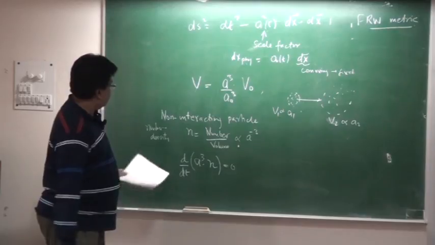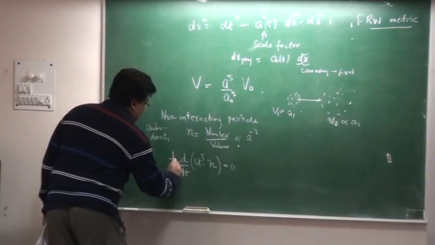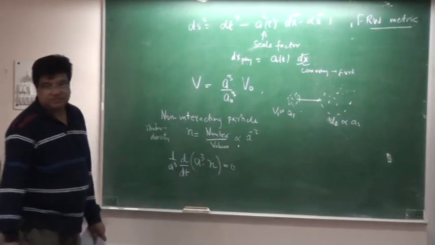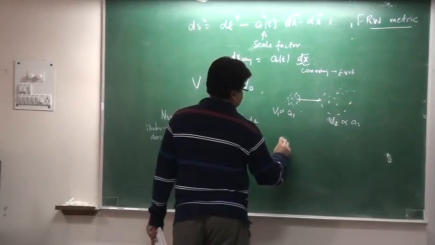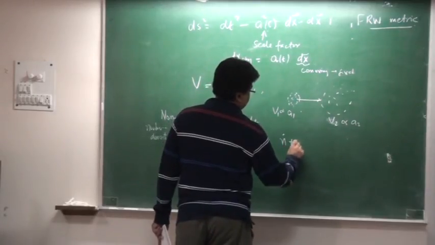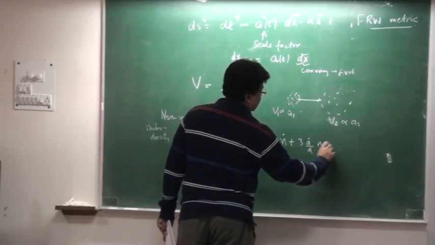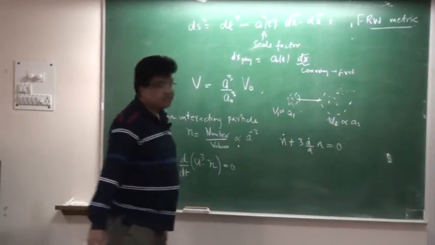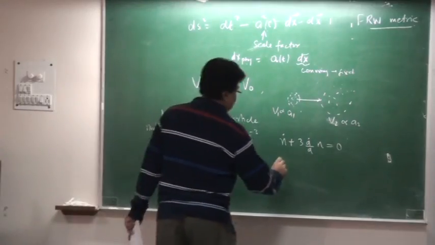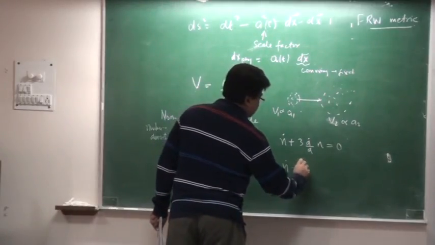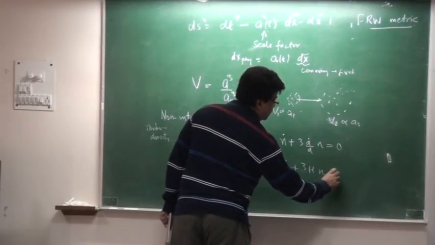Now the same equation you can write as 1 upon a cube times d by dt of a cube n is also 0. Expanding this equation, it is n dot plus 3 a dot by a n equal to 0. This is often written as n dot plus 3 H n equal to 0.